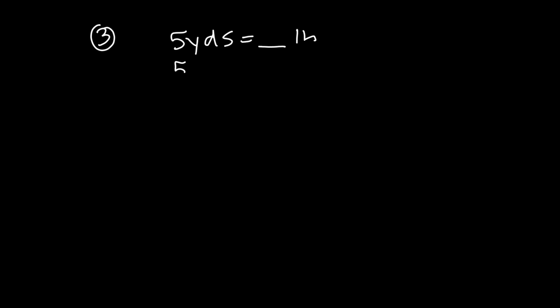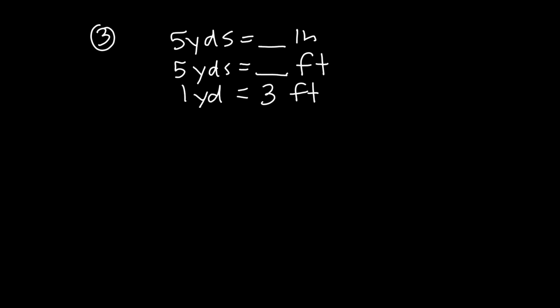So I'm going to start there. 5 yards is equal to how many feet? Well, I know that 3 feet is equal to 1 yard. Looking at my numbers, they are diagonal. I am multiplying again. So, 5 times 3 gives me 15, and that gives me feet.